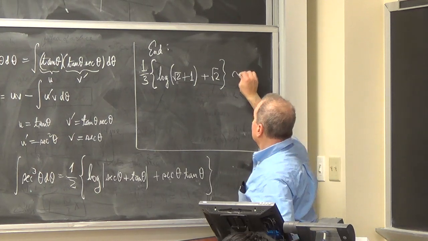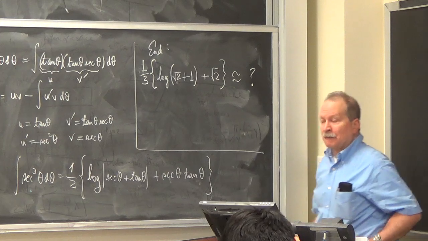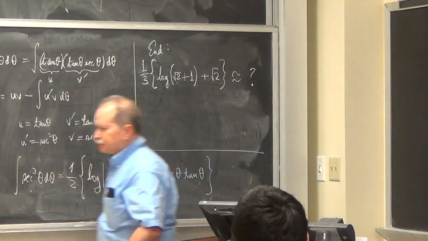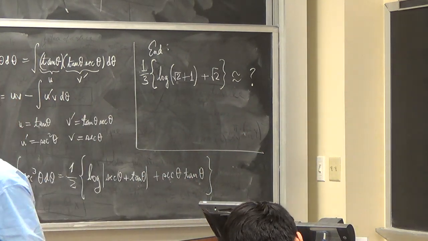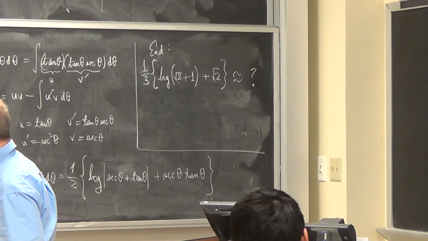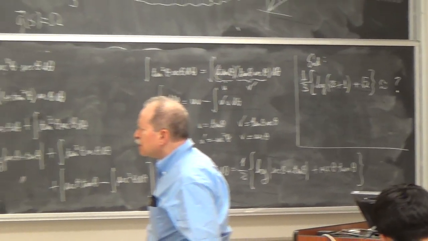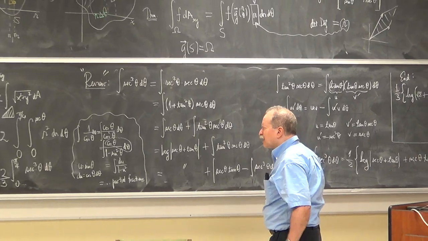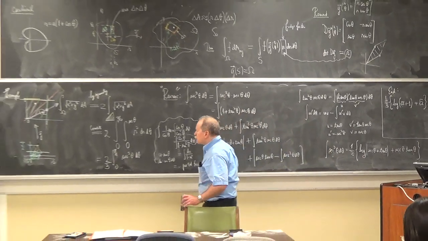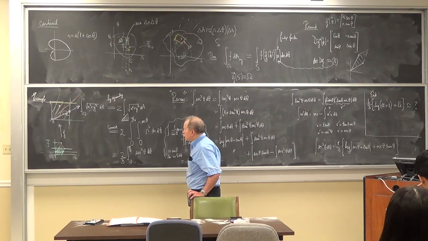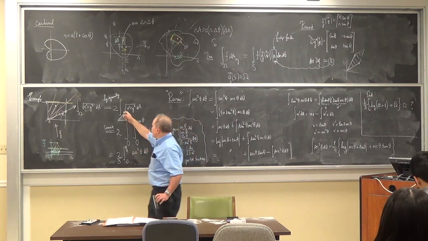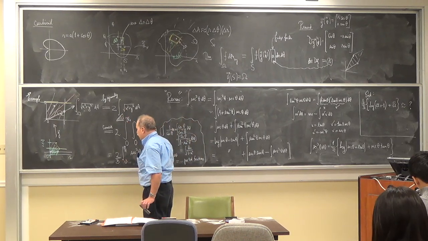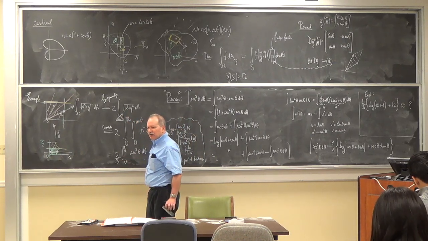So, a question: will every graph from 0 to, so that obviously has area 1, will it always have an area in the r theta plane? I don't understand. I've converted the upper integral to an integral in the other region. I don't have to think about area.